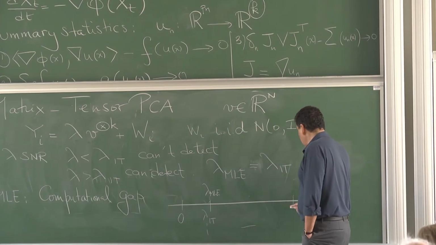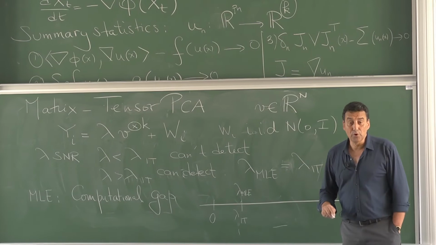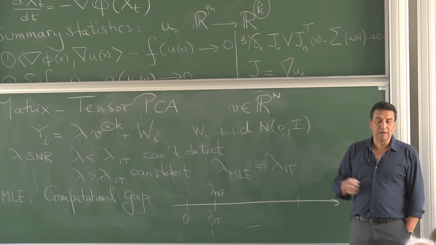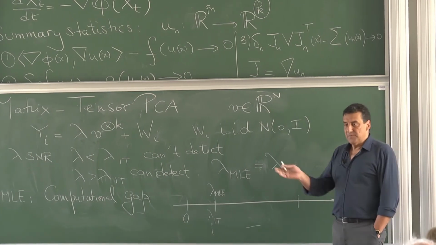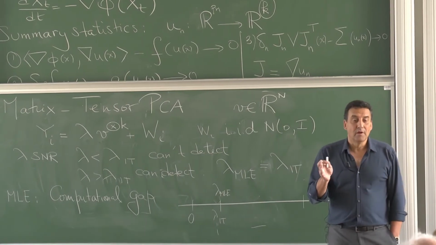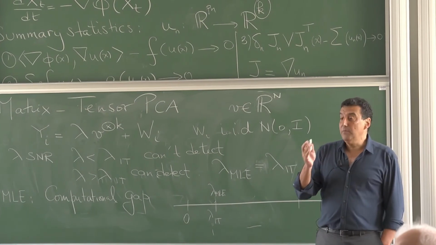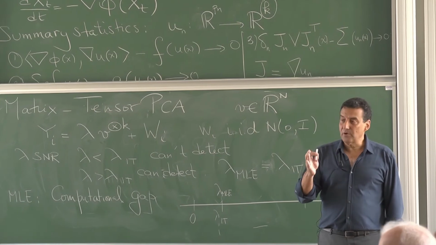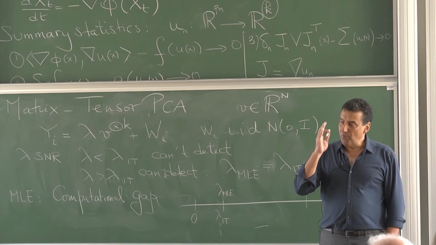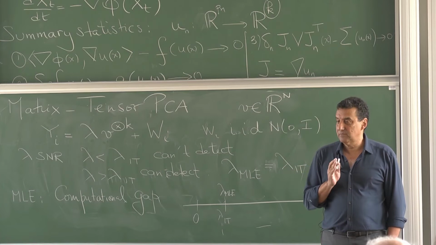And then the threshold at which different algorithms work depends on the algorithm. So what has been proved in recent years is that essentially all the natural, reasonable algorithms stop working, or begin working, at the same place, right?